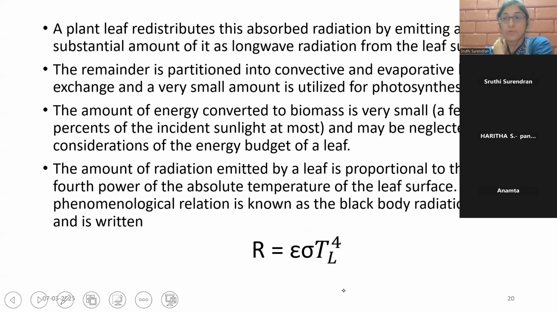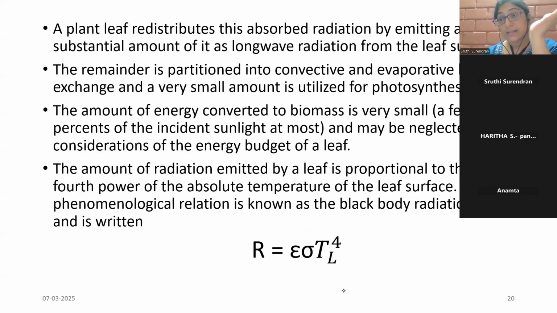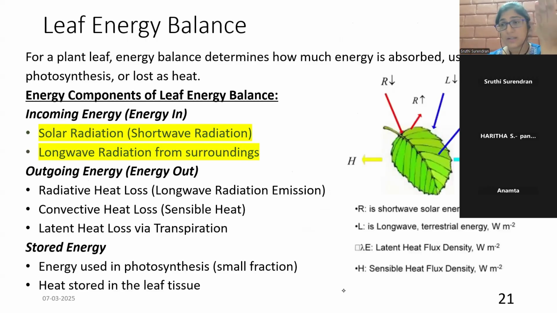So we have moved on from solar radiation that is incoming to radiation that is outgoing from the leaf. Long wave radiations are also taken up by the leaf, and the amount of long wave radiation that is taken up and emitted by the leaf is given by this equation, the Stefan-Boltzmann black body equation.